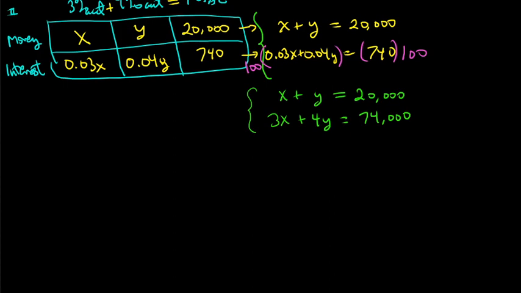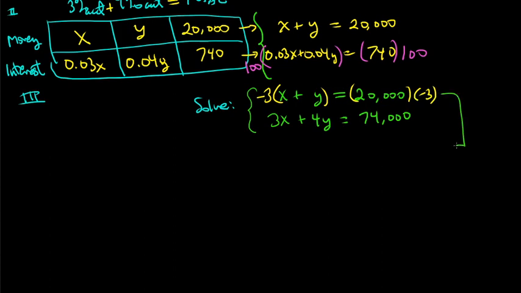Right? So that's step 3. We have to solve this system of equations. And you can use substitution if you want, but this is set up pretty well for the addition method or the elimination method. The bottom equation has a coefficient of 3x, so we want to multiply the top equation by -3 to cancel the +3, right?